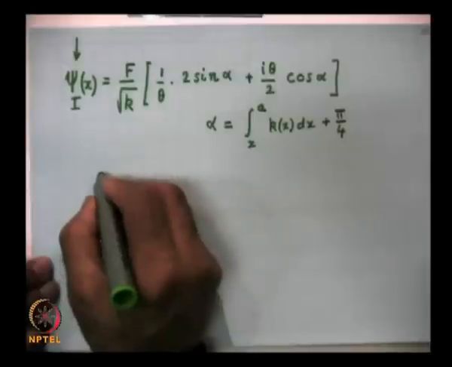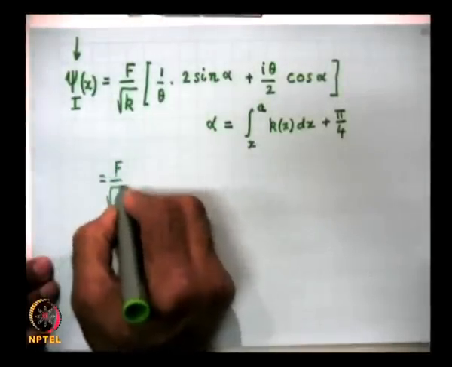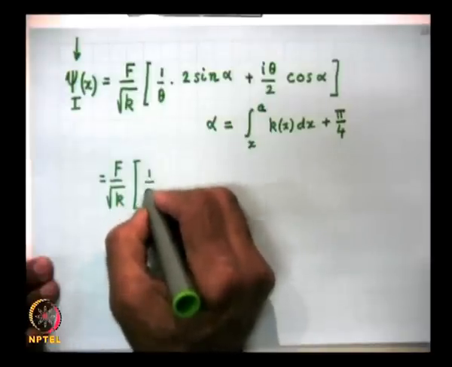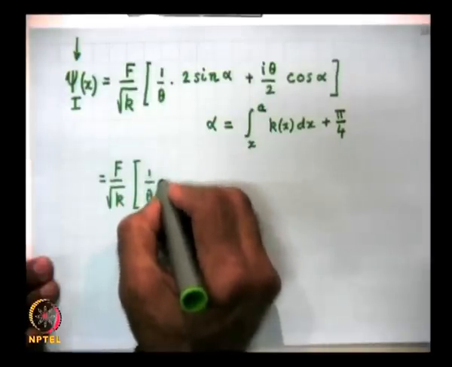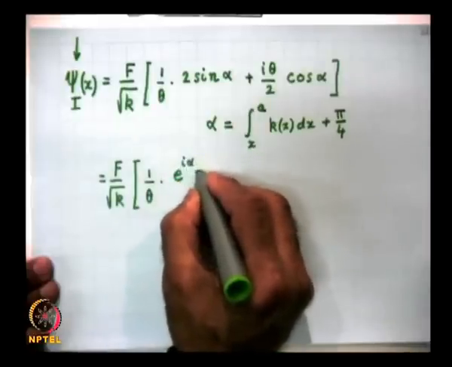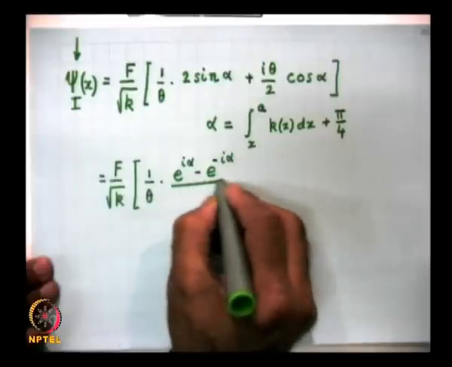So, this becomes equal to f by root k, 1 over theta sine alpha, that is e to the power of I alpha minus e to the power of minus I alpha, divided by 2I.